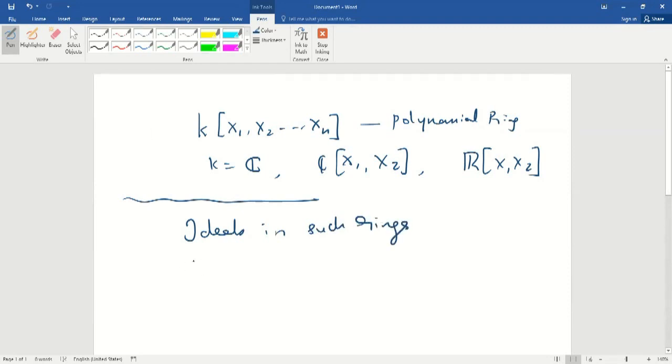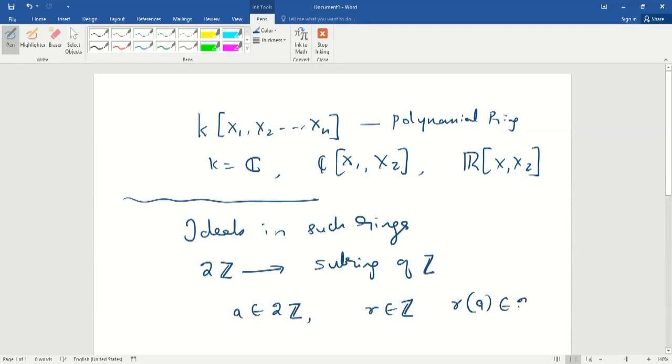So, for example, if you look at the set of even integers, this is a very special subring of Z, in the sense that if you take any a belongs to Z and r belongs to Z, then r times a belongs to Z again.